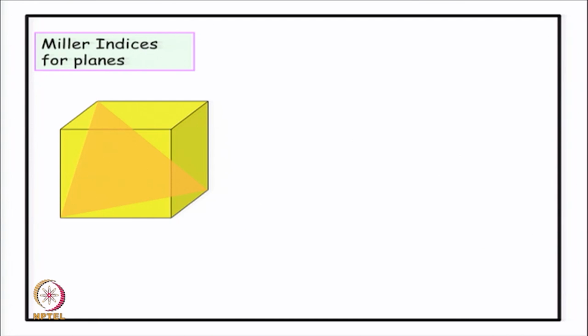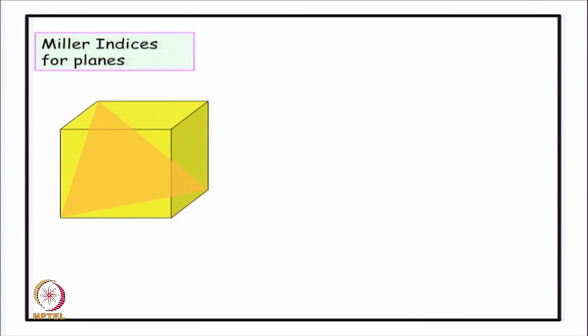Like in the direction, we have to choose an origin and a coordinate system, the crystal coordinate system, and recall that the crystal coordinate system has its edges parallel to the unit cell edges. But one difference is there. When we talked about the direction, we said that the origin should be so chosen that it lies on the direction.